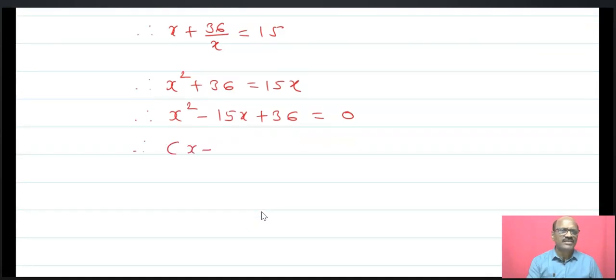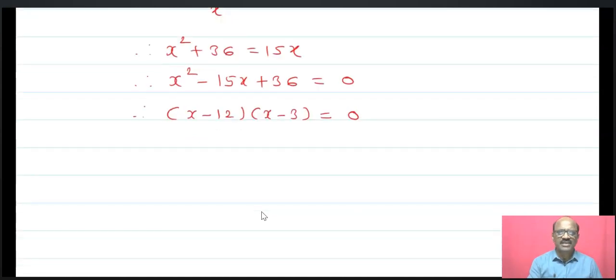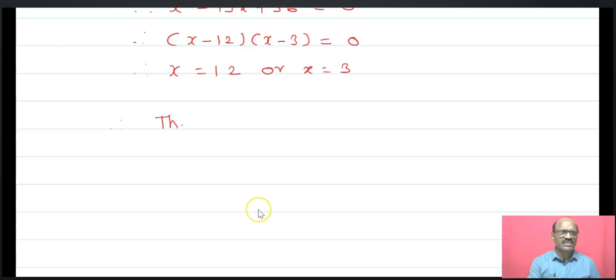And the factors are 12 and 3. That is x minus 12 in the first bracket, and in the second bracket x minus 3 equals 0. Therefore, x is equal to 12 or x is equal to 3. And since x plus y is equal to 15, therefore the numbers are 12 and 3.